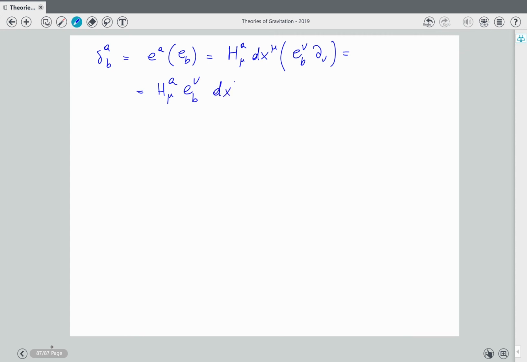And we remain with this thing, which is delta mu nu.